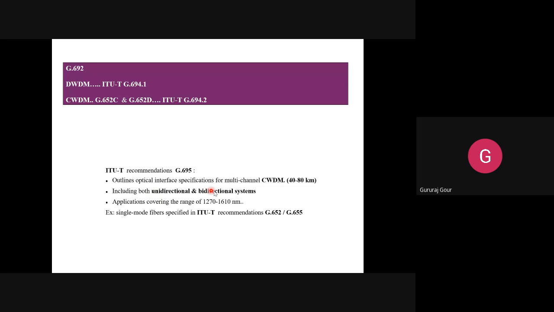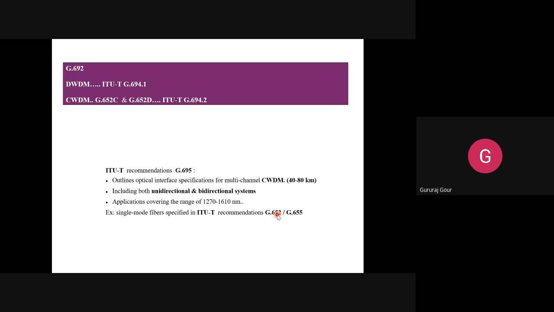It describes the optical interface specifications for multi-channel CWDM, supporting from 40 to 80 kilometers, including both unidirectional and bidirectional systems, simplex and duplex. Applications may cover the range 1270 to 1610 nanometers, for example single mode fibers recommended for 652 and 655.